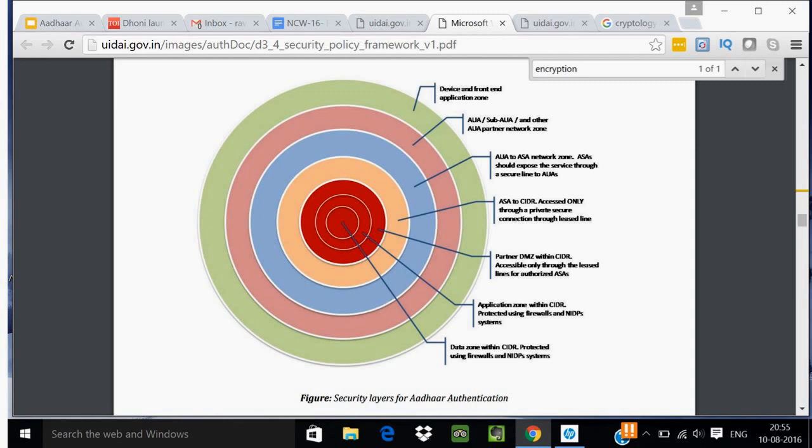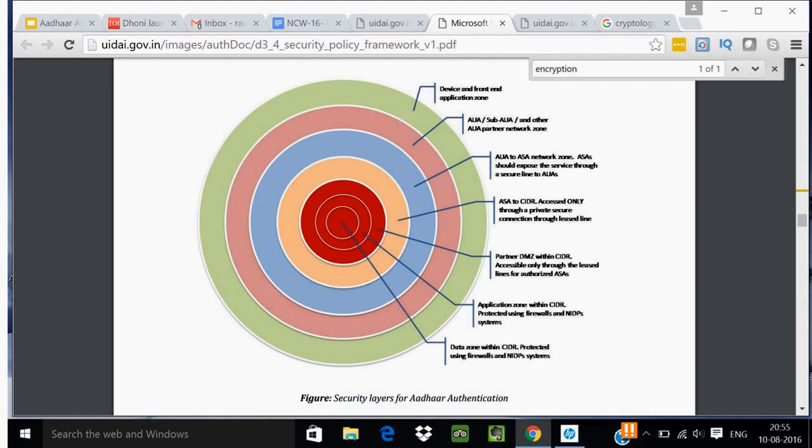There is a bottom layer called the data zone within CIDR, protected using firewall and NIPS systems. Above that, there is the application zone within CIDR, protected using firewalls and NIPS systems. Above that is the partner DMZ within CIDR, accessible only through leased lines for authorized ASAs.